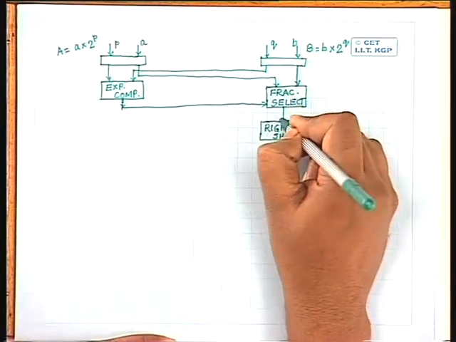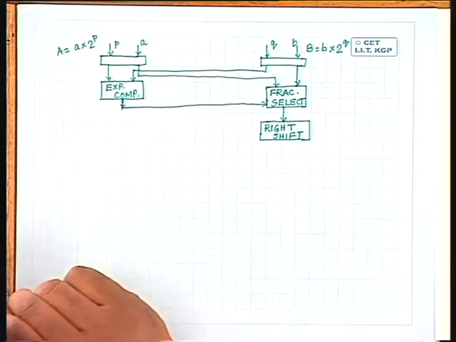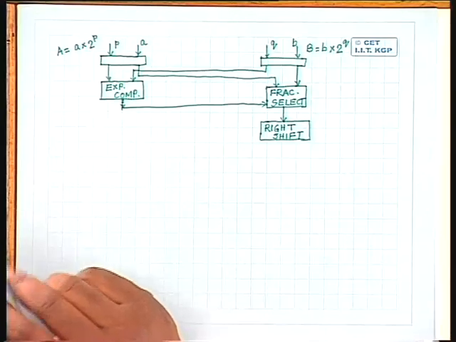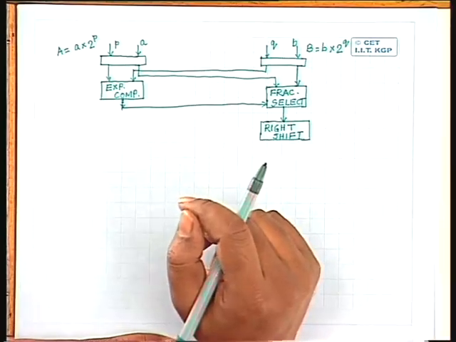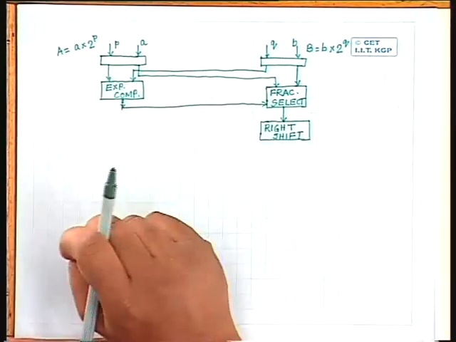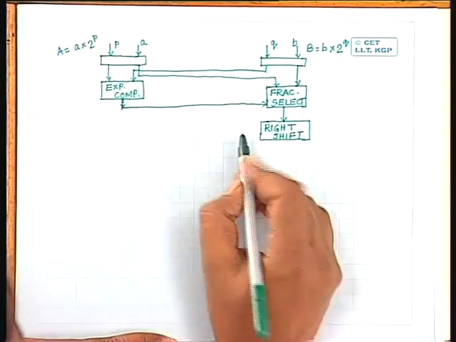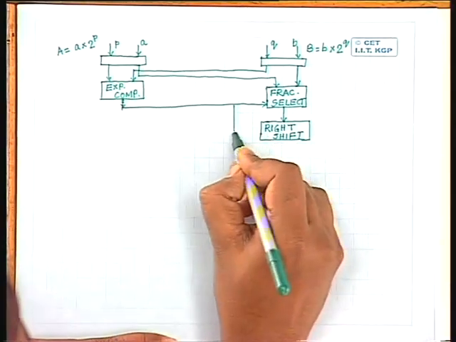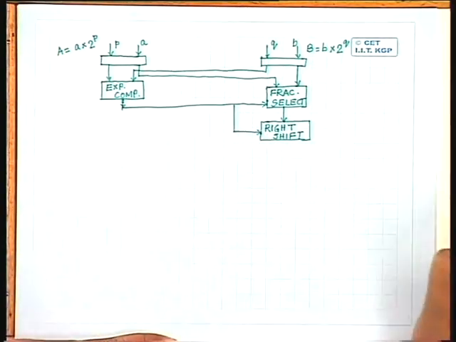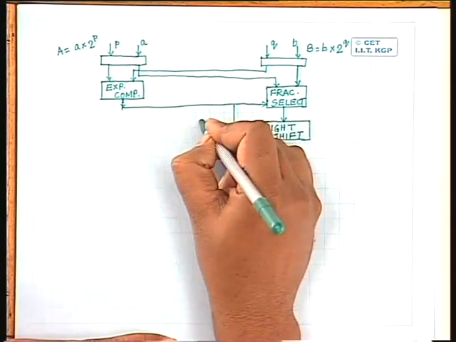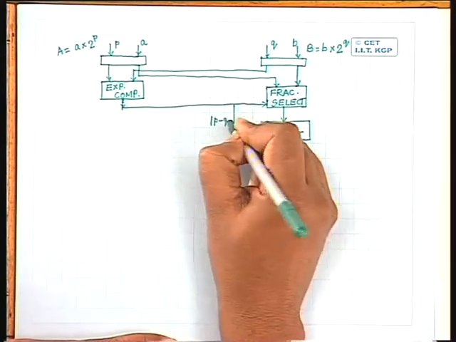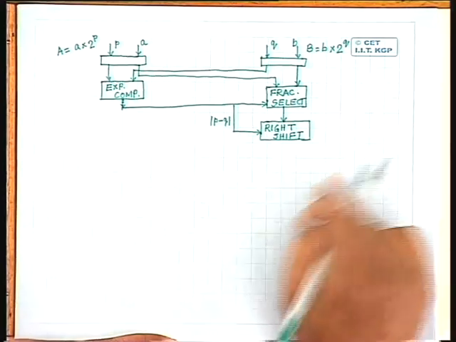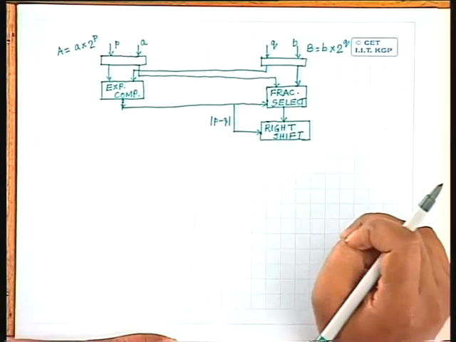This will get an input from the fraction selector, and at the same time I have to know how many bits of right shift I have to give, and that depends upon the difference between P and Q. From the same exponent comparator, I get a signal which will indicate how many bits of right shift is needed, and this is given by the subtraction difference of P and Q. So many bits of right shift have to be given to the selected fraction.